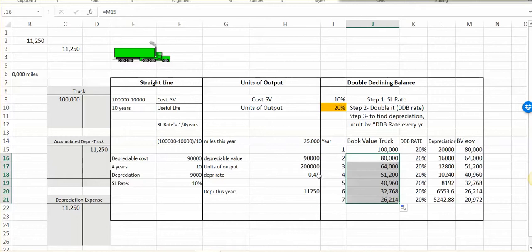And so that's how you would do the chart for double declining balance. And you see here that your actual depreciation amounts are here in this column, and that they are steadily declining, which is why it's called double declining balance, because you depreciate the asset more in the first year, and then less in the second year, less in the third year, etc., etc.